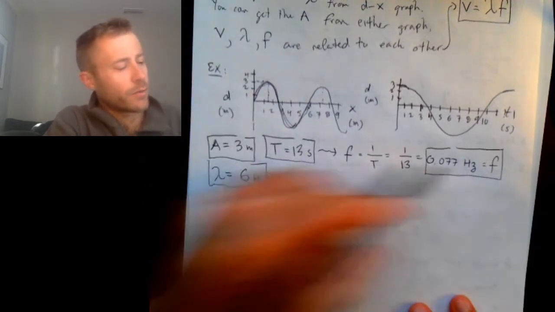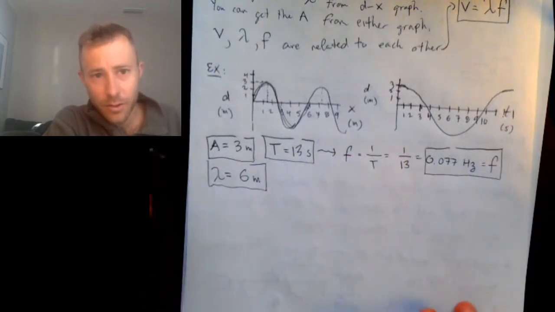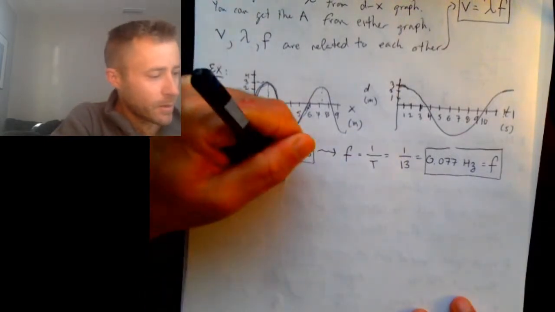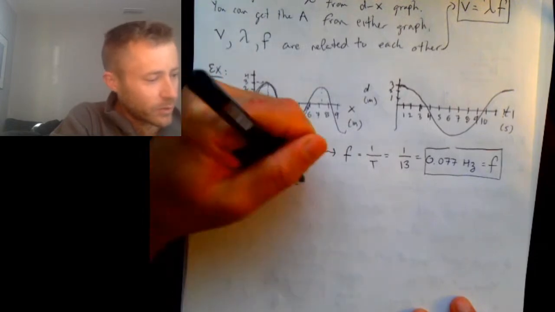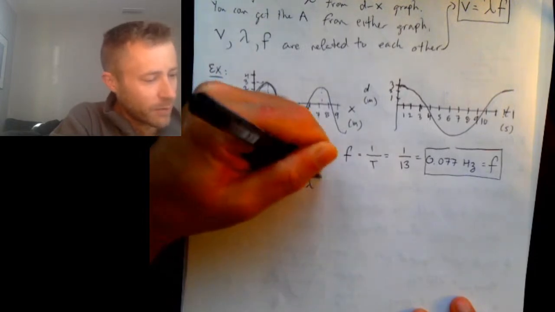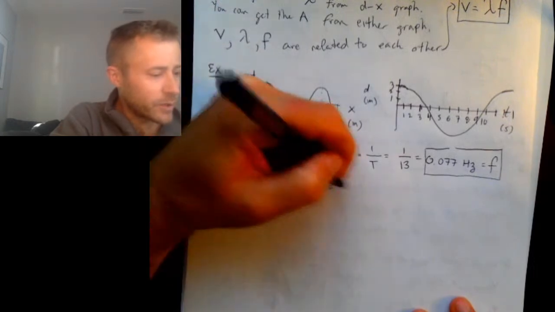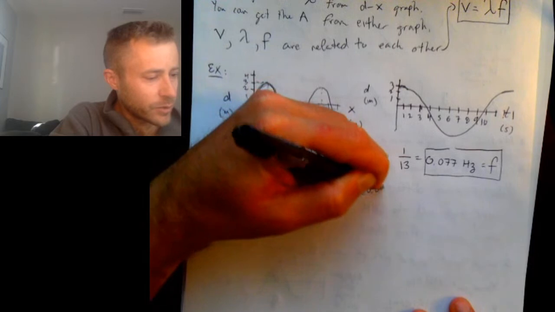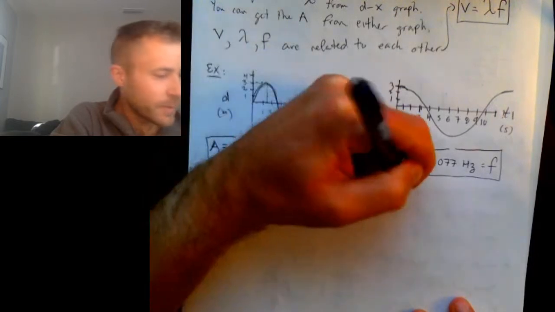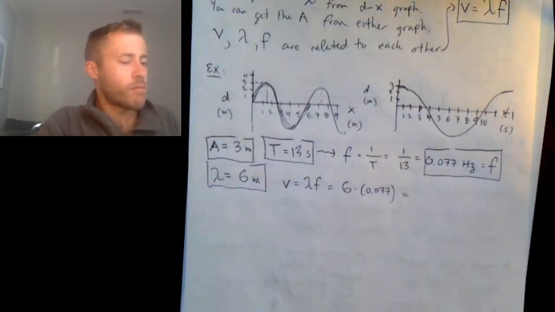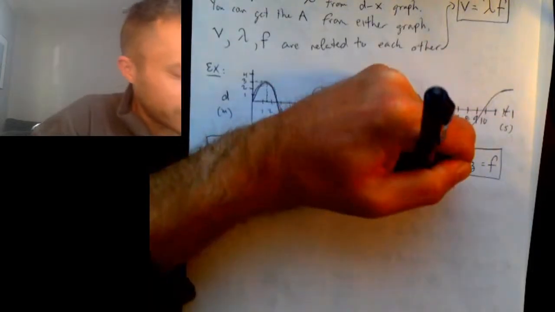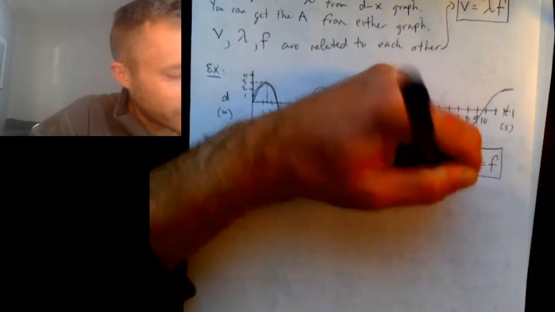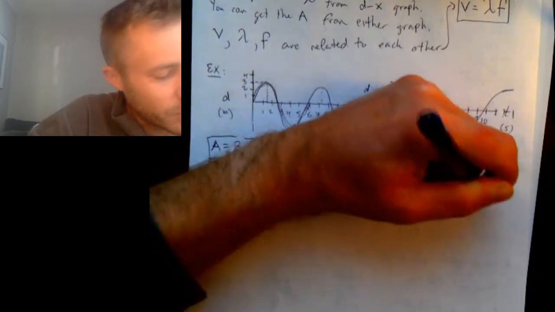Now, once I have the frequency and the wavelength, I could calculate the wave speed. So v equals lambda f. So we have 6 times 0.077, and that is 0.46 meters per second is going to be the wave speed.